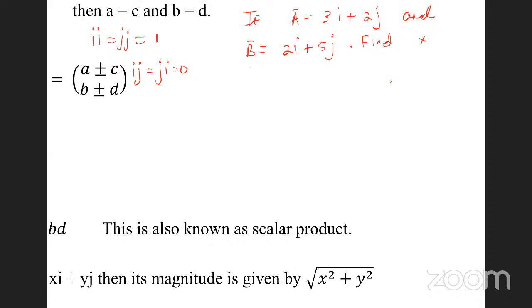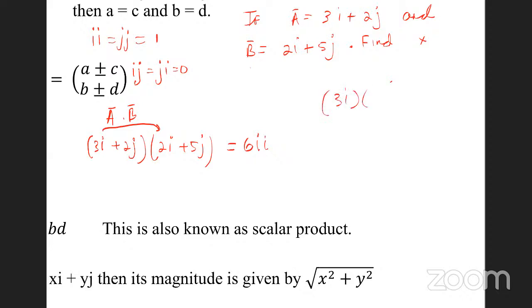So if I had to multiply A by B the long way, I would have written this: 3i plus 2j by 2i plus 5j. So it would have been 3i by 2i, so I would have gotten 6 by i by i. Because remember, 3i by 2i, 3 by 2 is 6. i by i is i.